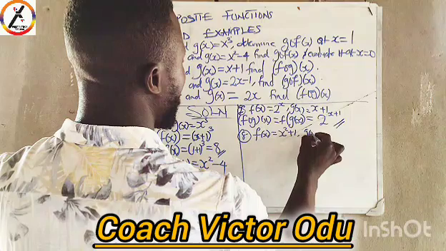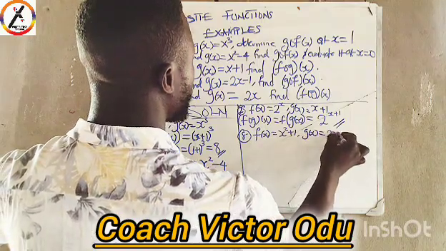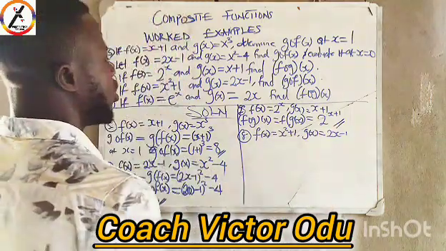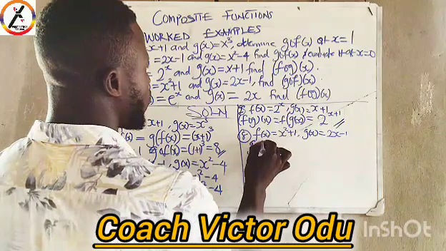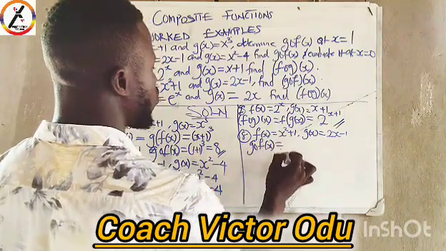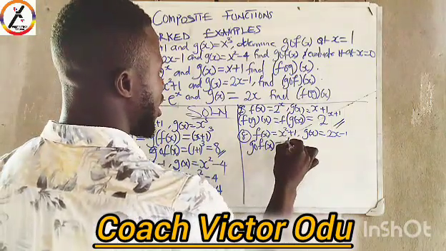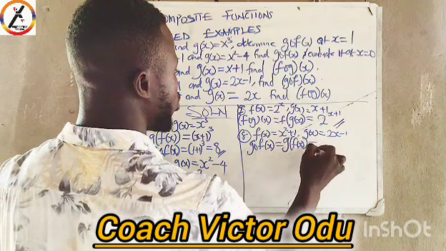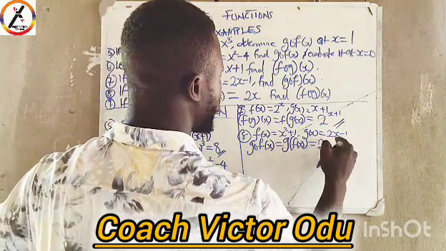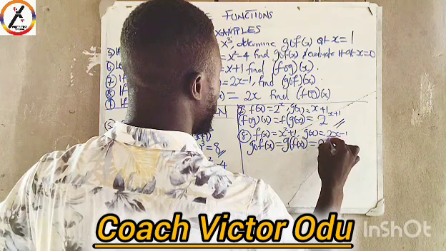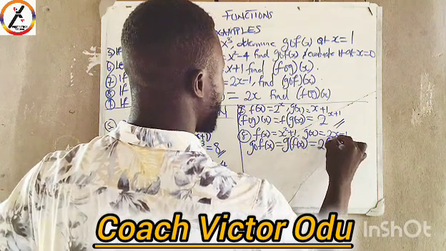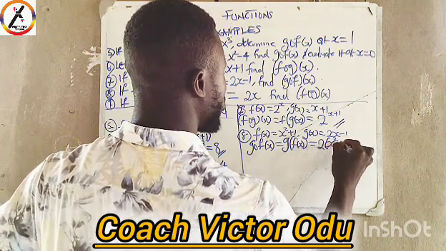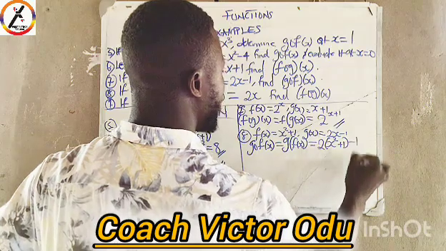So question 8, we have that f of x is equal to x squared plus 1 and g of x is equal to 2x minus 1. So g of f of x will be equal to 2 into x squared plus 1, minus 1.